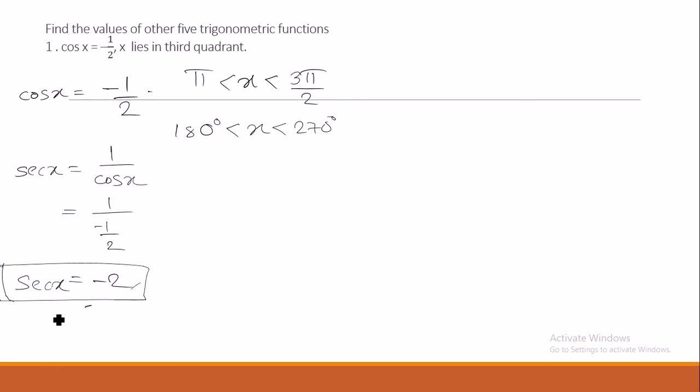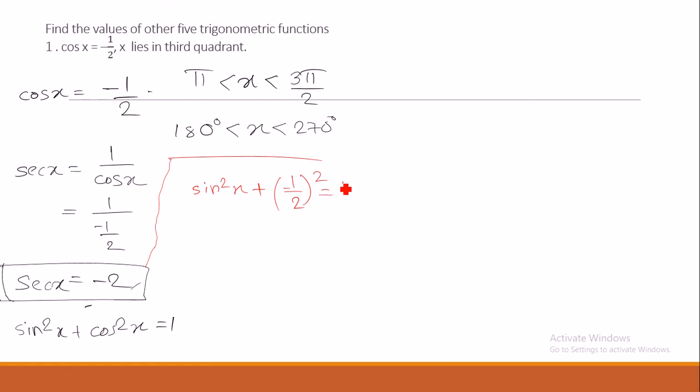Also we know another trigonometric identity, sin square x plus cos square x is equal to 1. From this equation we can find out the value of sin x. So let us see how we find it. Sin square x plus minus 1 by 2 whole square is equal to 1.